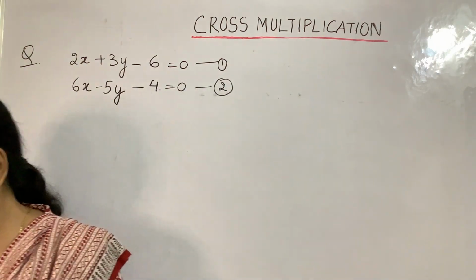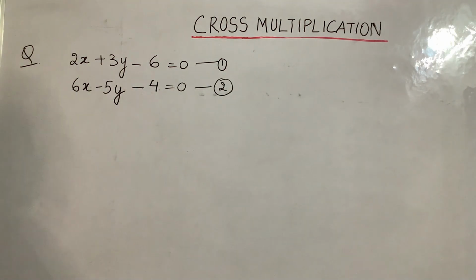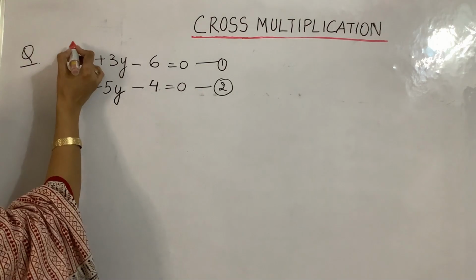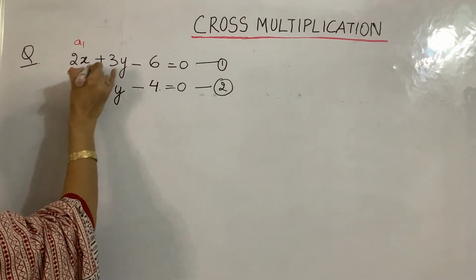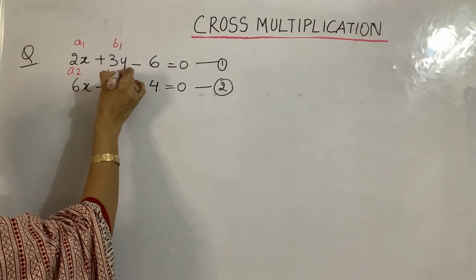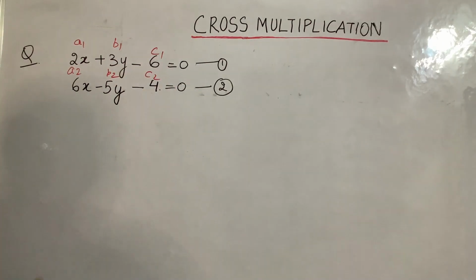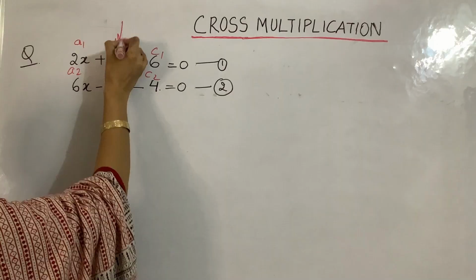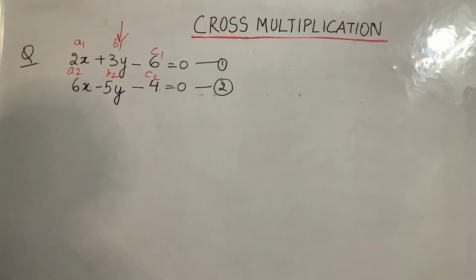Now how to go in for the cross multiplication method? Let us say this is a1, this is a2, this is b1, this is b2, this is c1 and this is c2. This is the thinking part. Okay, so we will start from where? We start from the middle coefficient.